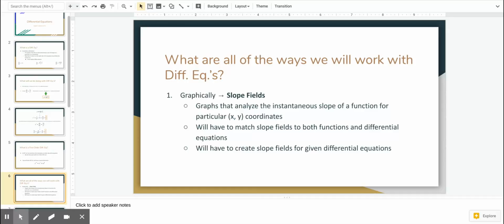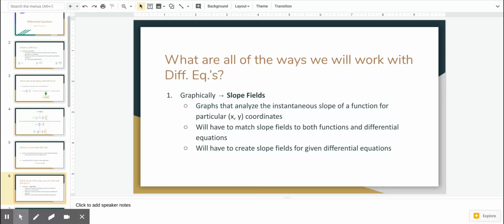Because if you think about it, if a differential equation is a derivative, and I can plug any xy coordinate into that differential equation, giving me the slope of the tangent line at that point.